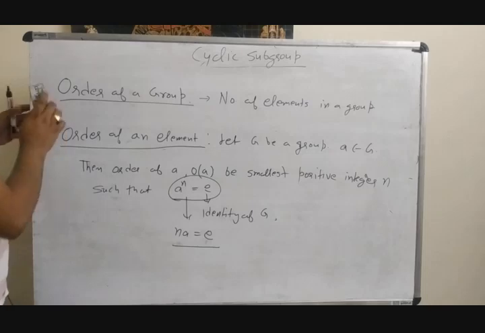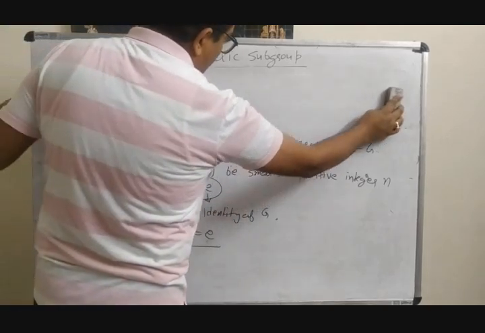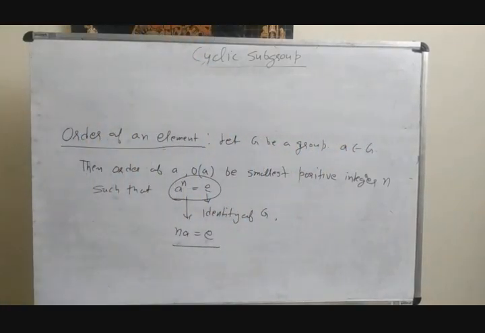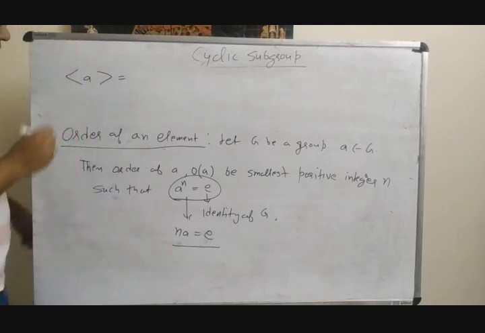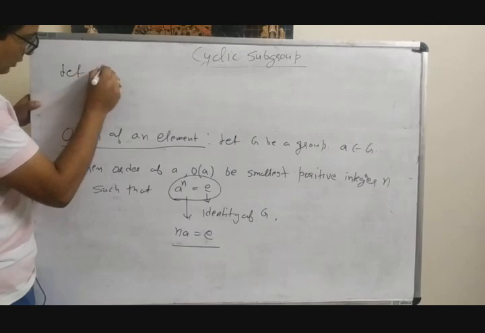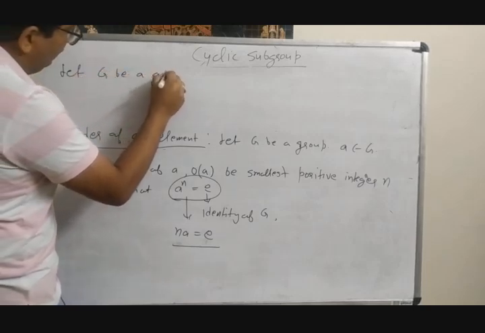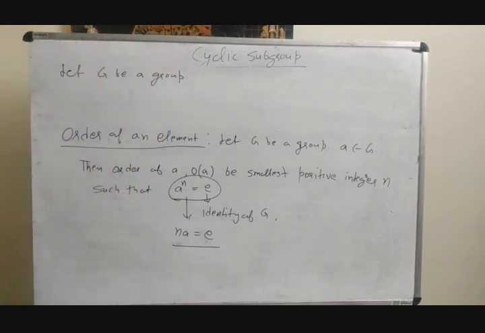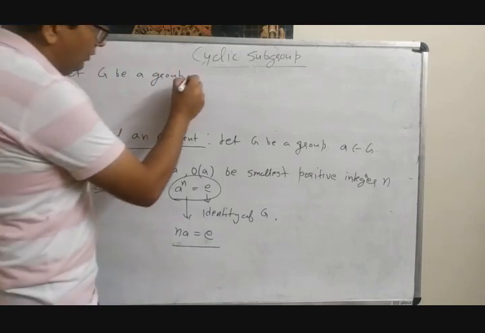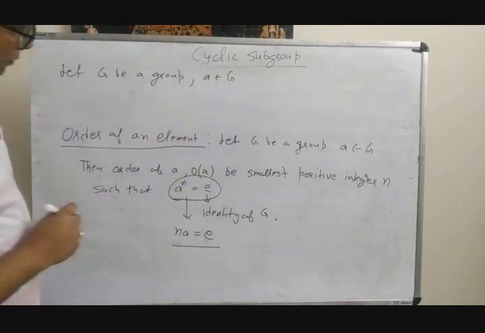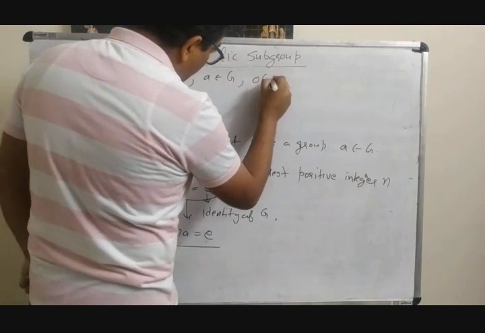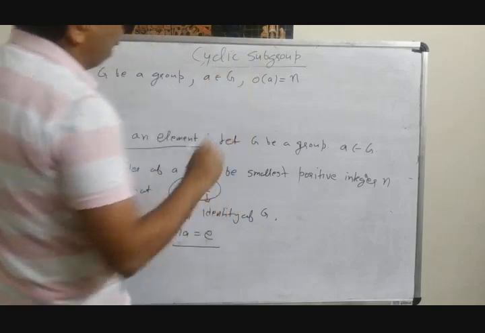Now let us again come to the cyclic subgroups. Let G be a group and A belong to G, and we also know that the order of A is n.